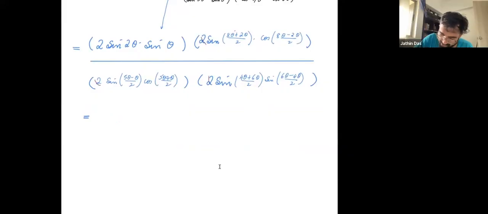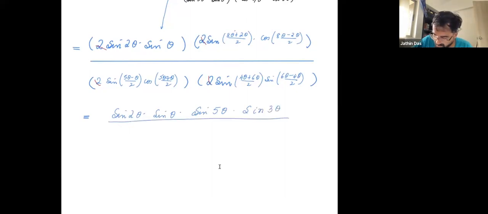Two will cancel everywhere. 10 by 2, 5. 8 minus 2, 6. 3 theta. 5 theta, 4 theta by 2, sin 2 theta. 5 theta plus theta, 6 theta.